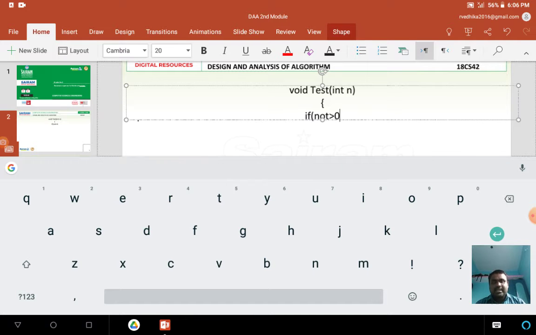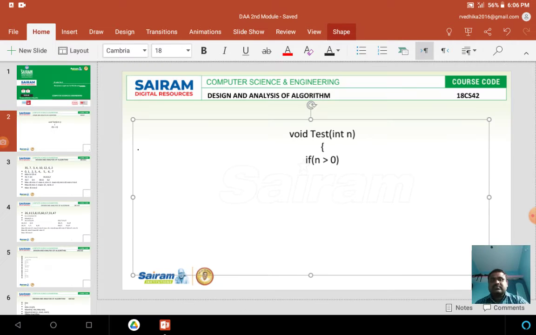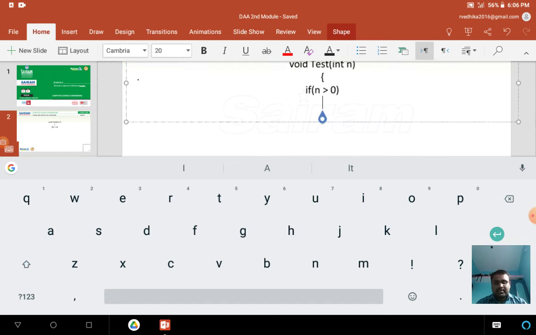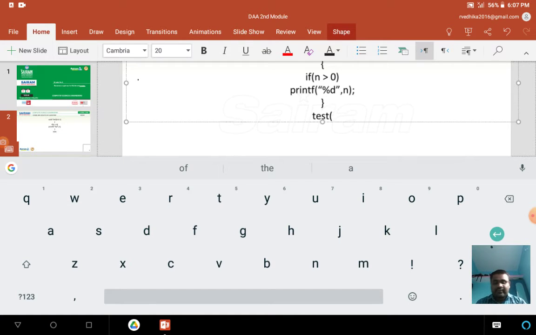If n is greater than 0, printf percentage d comma n, close the curly braces, then test of n minus 1. Okay, so this is an algorithm.